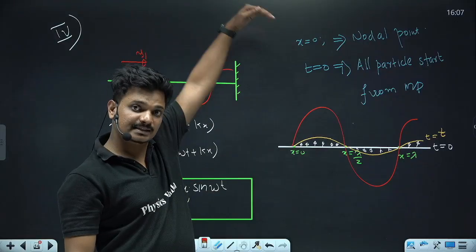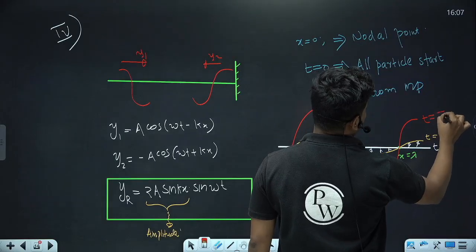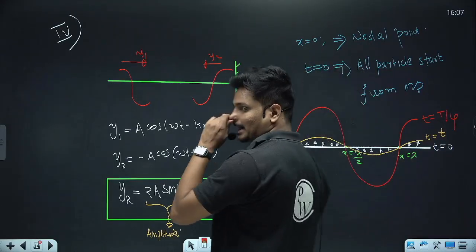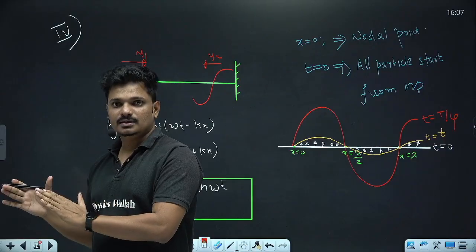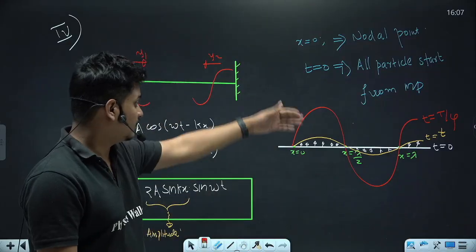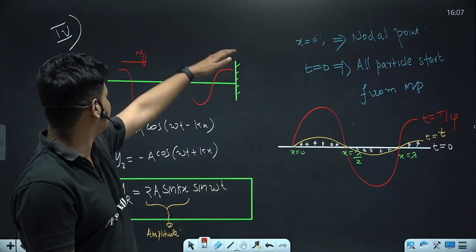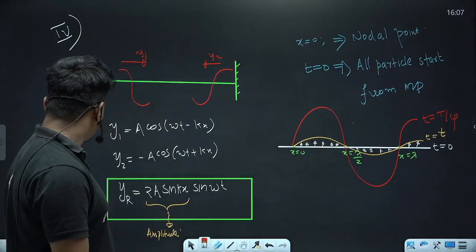Every particle reaches its extreme position when t is equal to T by 4. That means the time taken to reach the extreme position from the mean position is one quarter of the time period. That we know. These are the four cases.